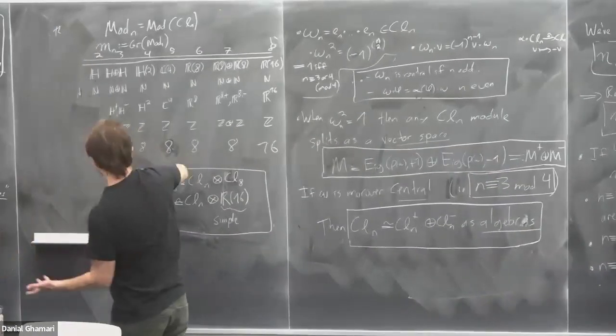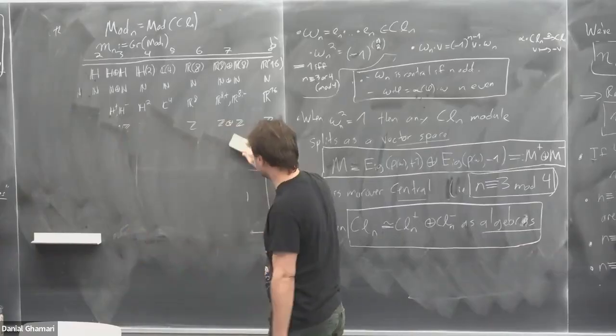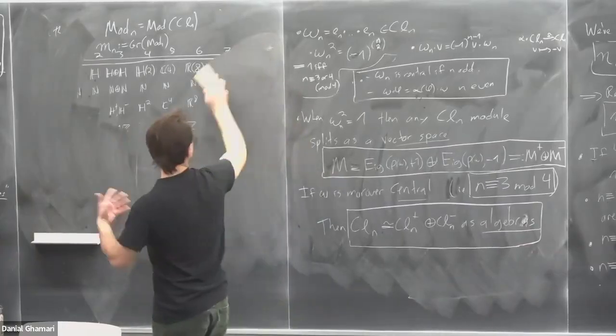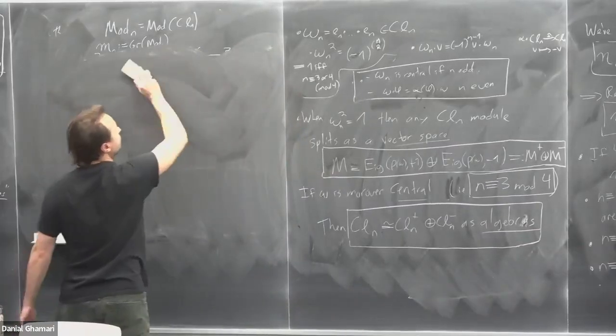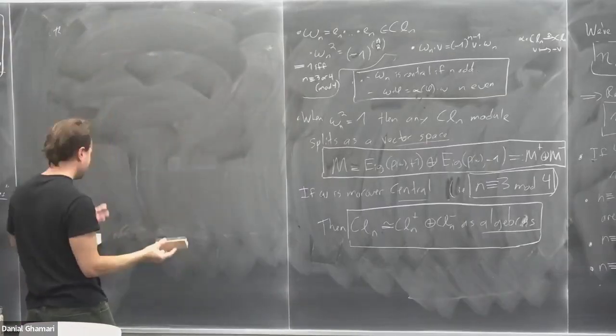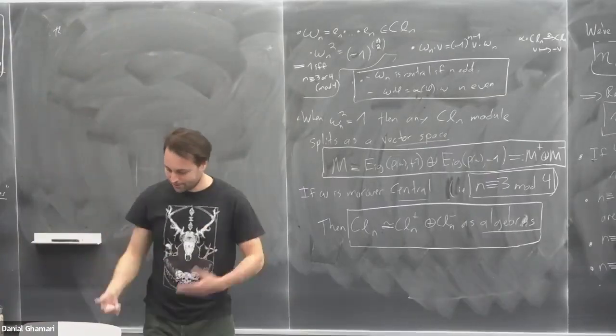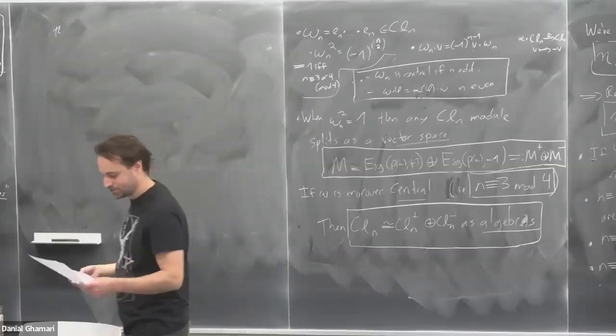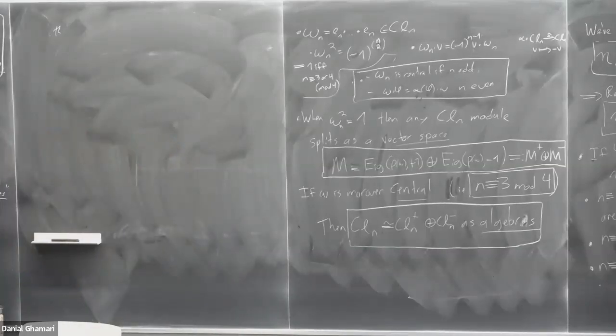So the thing about these Clifford algebras is that they're inherently Z2 graded algebras. And the representation theory works normally when it's a Z2 graded concept, and when you're just considering ungraded things, everything's very messy.